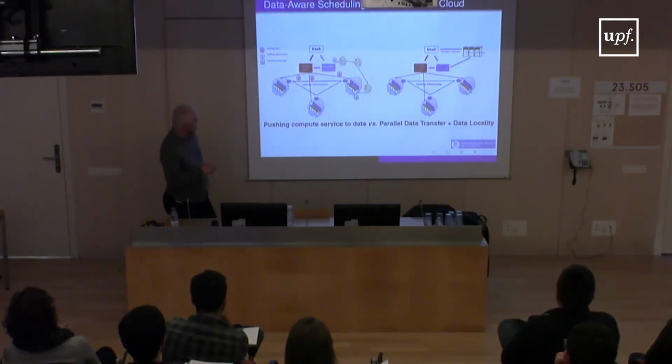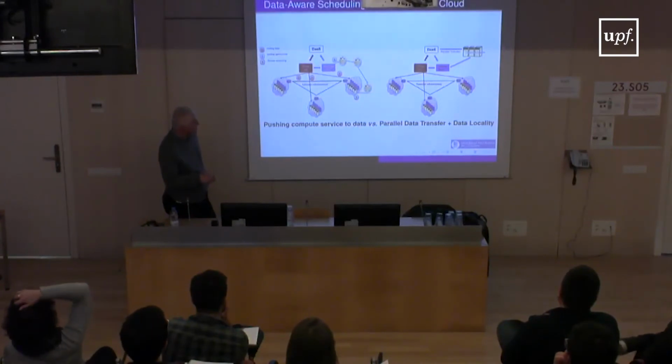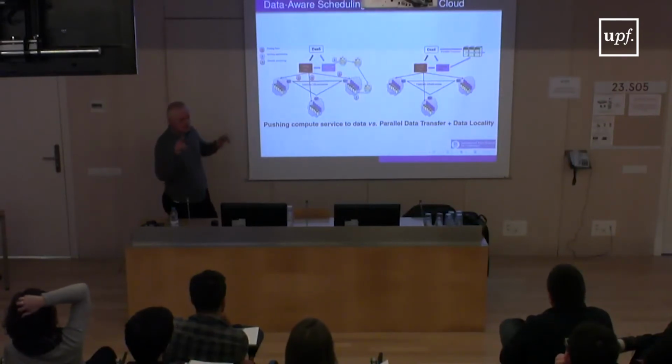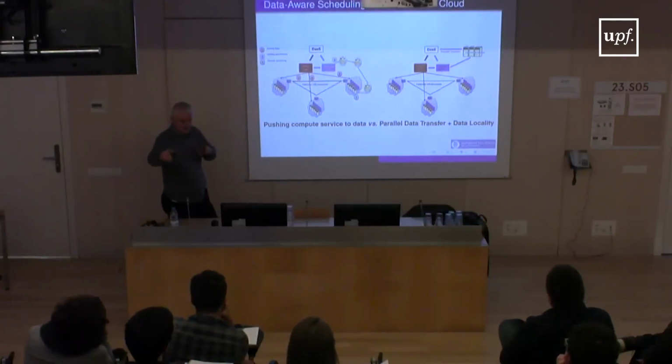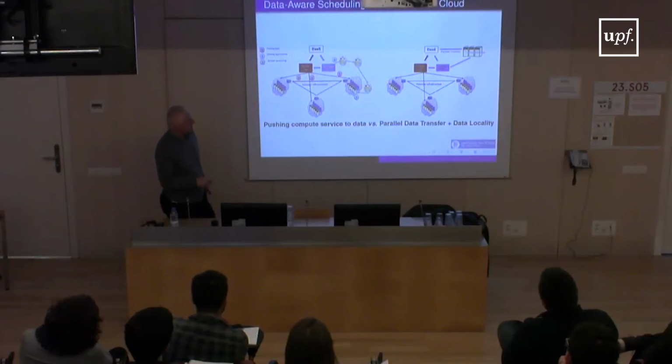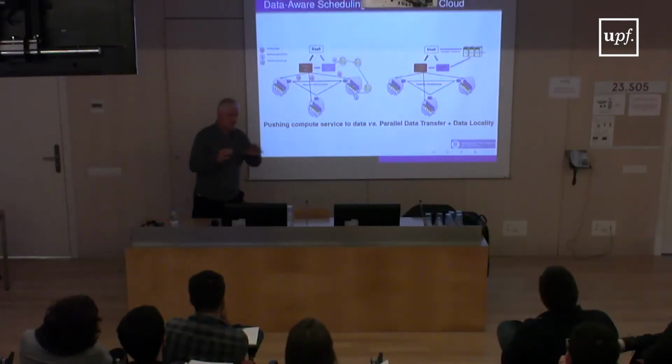You cannot push the service here, but what you can do is find the closest computing node, the closest in terms of data transmission. So it would take less time to ship the data from one node to another, and then you can have a kind of parallel transfer service that would send the data to the computing nodes.